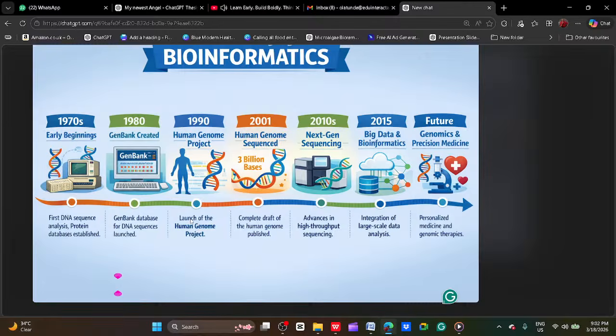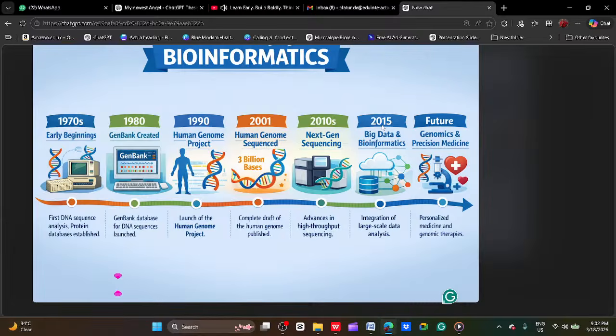Then in 2001, the human genome was sequenced, which was said to contain 3 billion bases. So that was when we had the complete draft of the human genome, which was published in 2010. Then came next generation sequencing, where we started talking about whole genome sequencing, and we have it up to today.